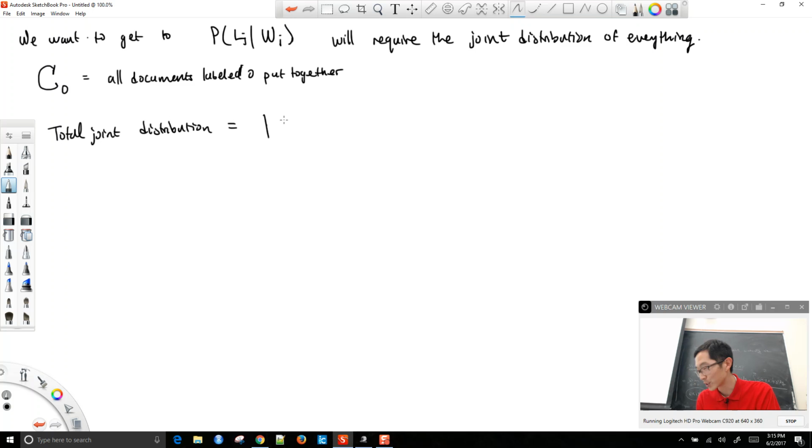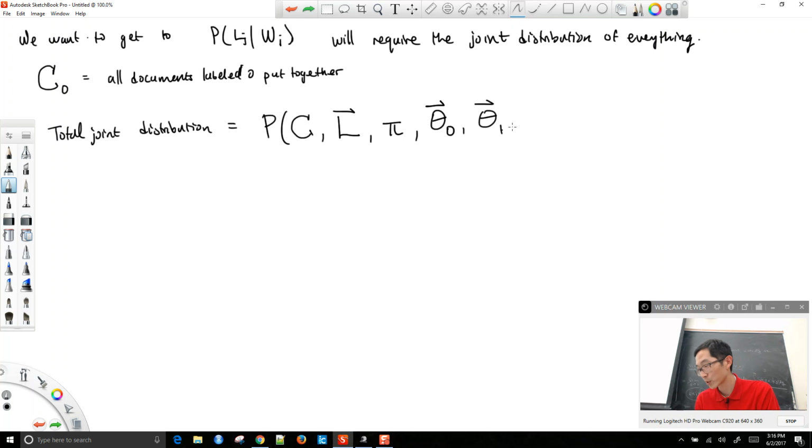So it's going to be the probability of the corpus of documents, the labels, the parameter pi, the distribution of words in label 0, the distribution of words in label 1, and these are based on hyperparameters.